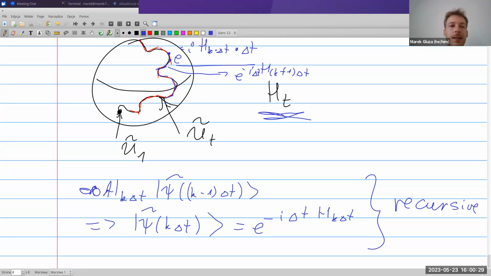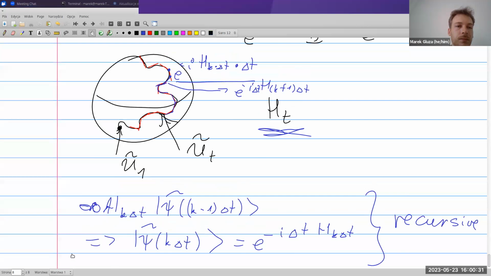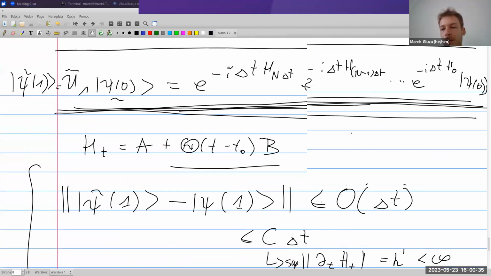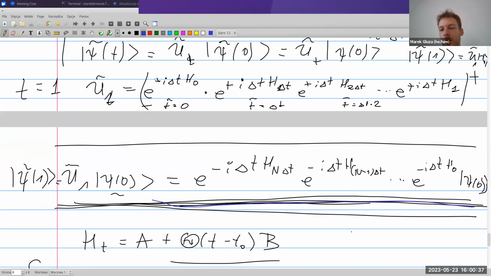Okay, and if we go up, then what I wrote here is the unfolded geodesic equation. Because if I apply e to the minus i delta t H(n delta t) to psi of (n minus 1) delta t, then I would get my psi 1 already, for example.